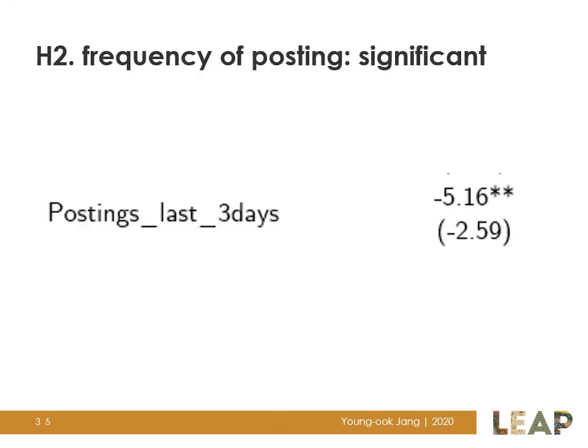And then second is the frequency of posting, and the variable postings in the last 3 days was significant at 5% level, and it was negative. That means that if you post too frequently, then the number of likes you get might decrease.